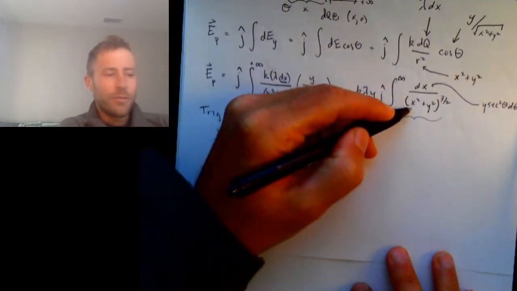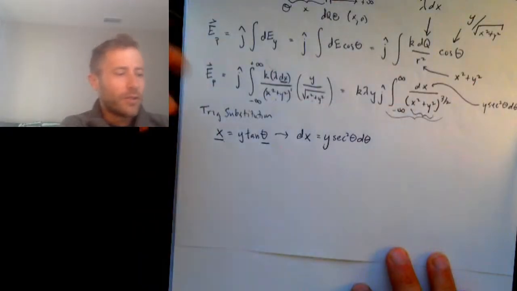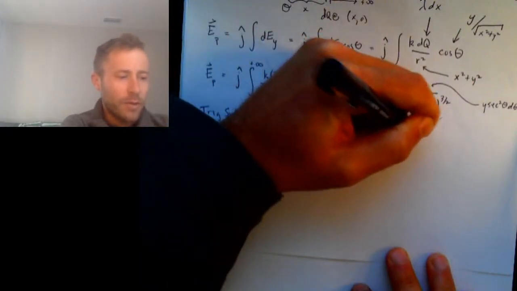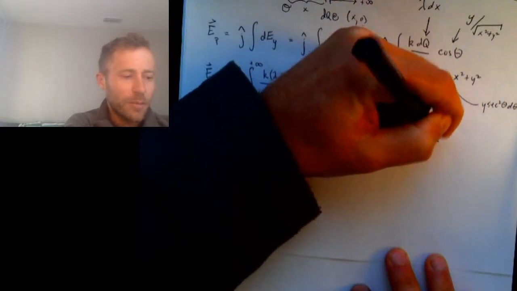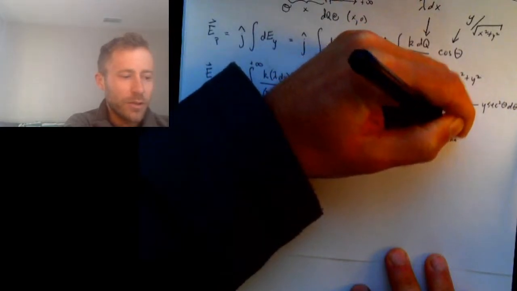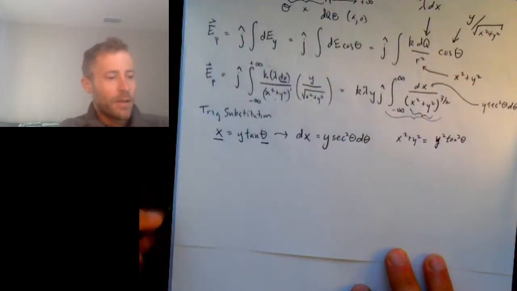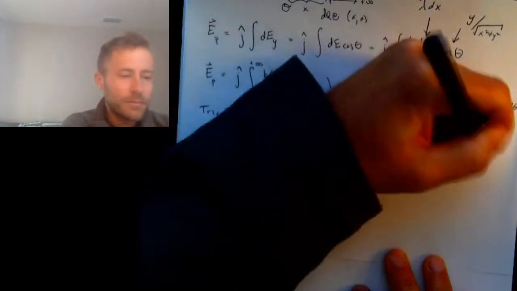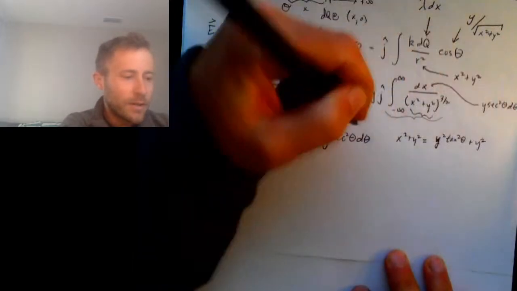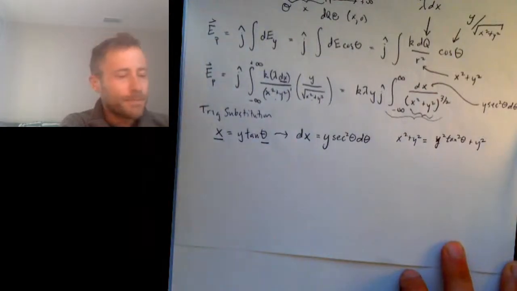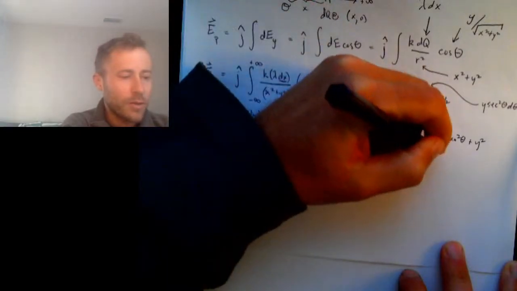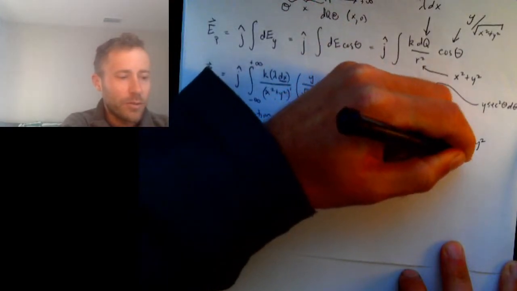Then I have to simplify this part right here. So x squared plus y squared becomes, now x is y tangent of theta, so x squared is y squared tangent squared of theta, and then I still have plus y squared. Then I factor out y squared, because both terms have y squared, and I get y squared times tangent squared of theta plus 1.